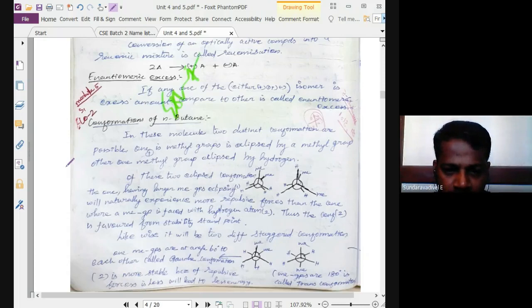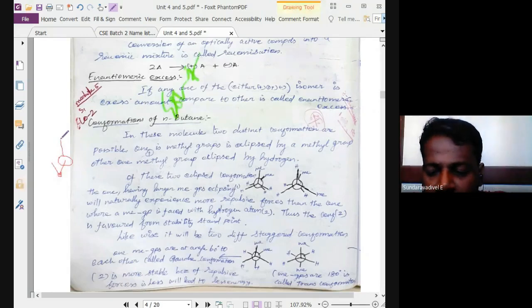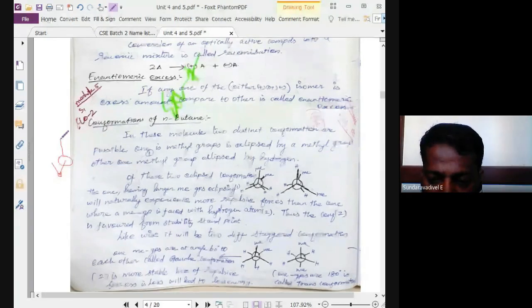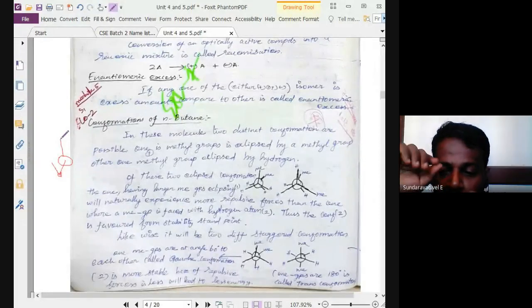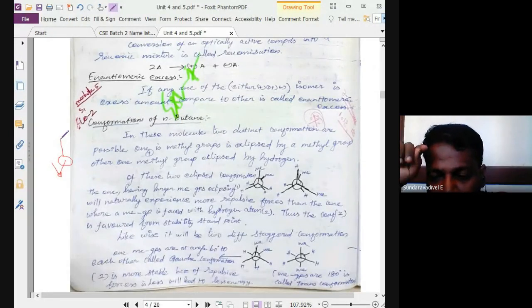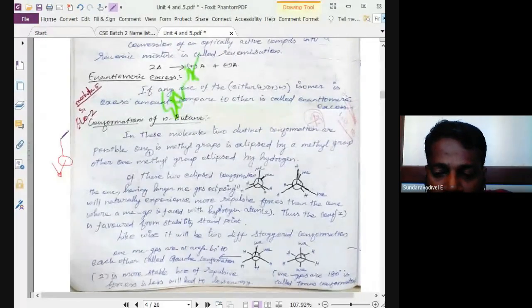Okay, write it. For example, this is methane. This is another carbon, that is ethane. So you know, as for the Sawhorse projection and Newman projection, we have to put the front carbon as a dot and the back carbon as a circle.